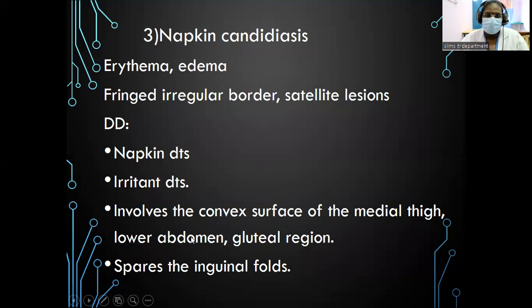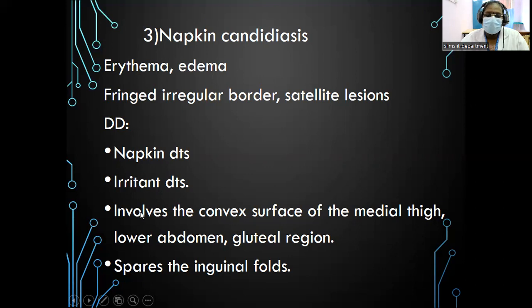Third clinical type of cutaneous candidiasis is napkin candidiasis, characterized clinically by erythema, edema, and fringed irregular border with satellite lesions, common in infants or children. Differential diagnosis for napkin candidiasis is napkin dermatitis or irritant contact dermatitis.